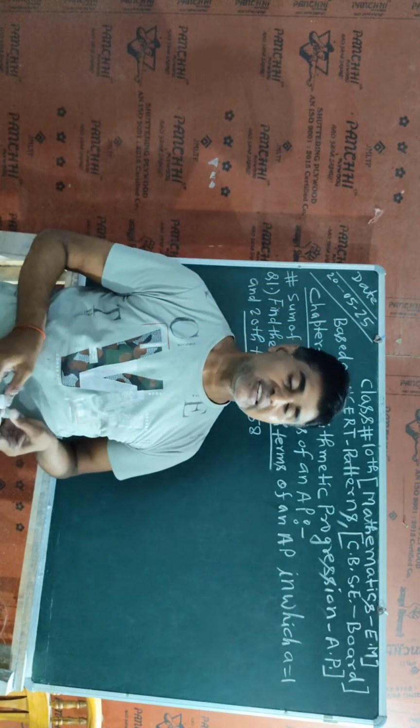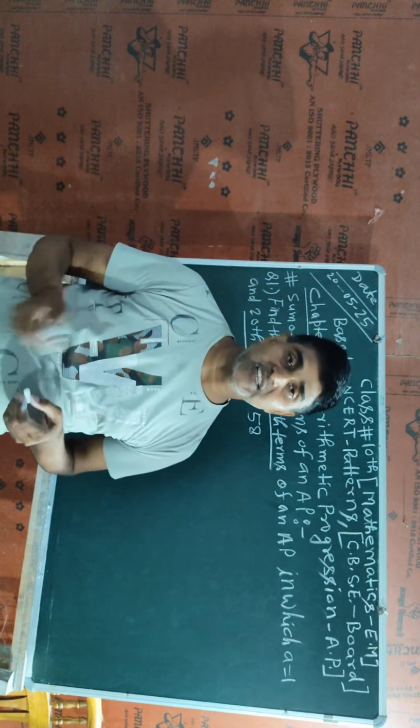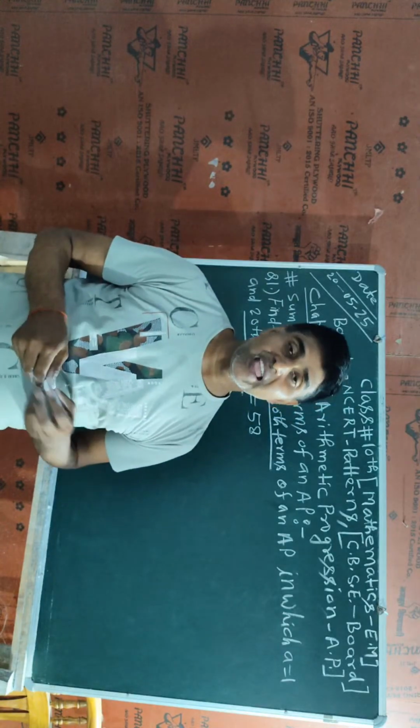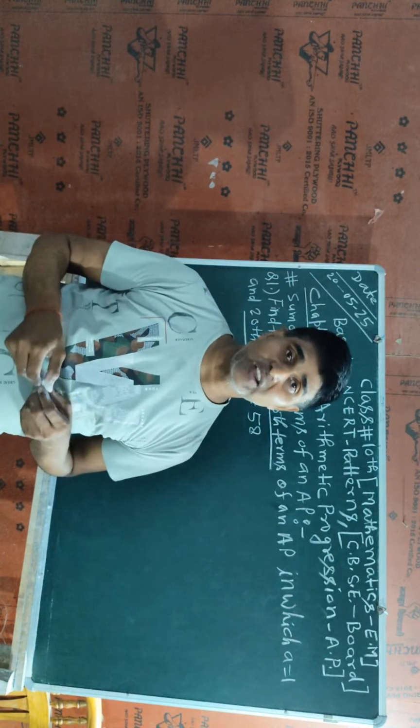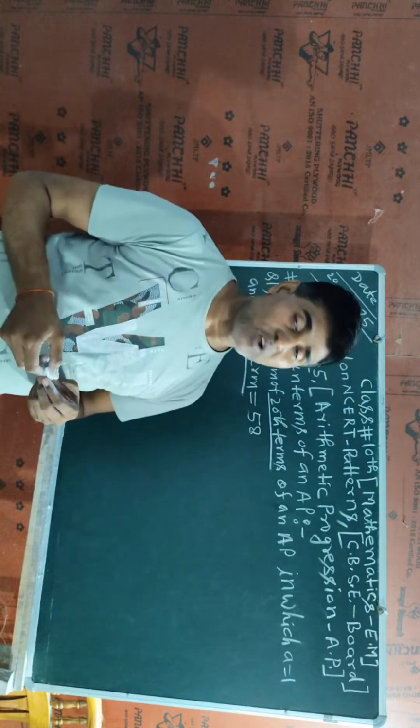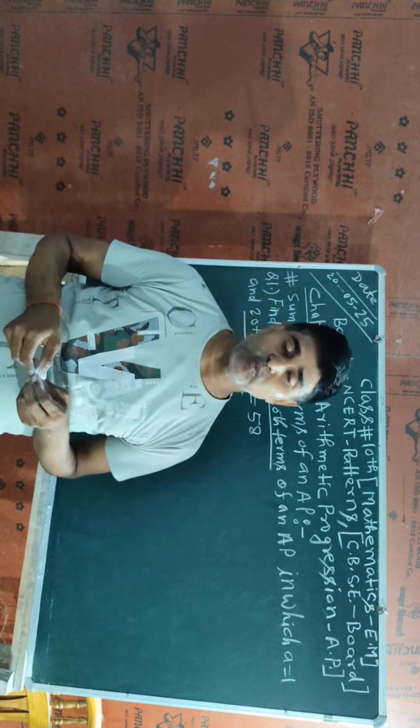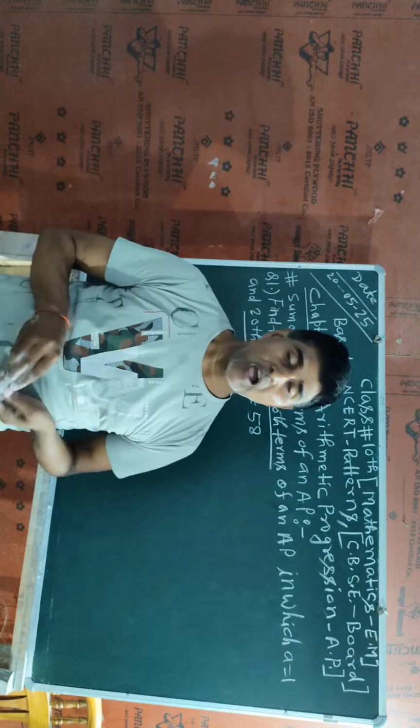There are two methods to calculate it. First, the first term is given, the last term is given, so I will obtain the common difference, and then we will use the summation formula and obtain its value.